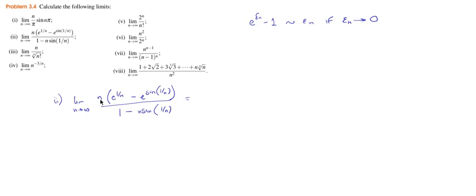So the first thing, I'm going to divide by n both the numerator and the denominator. Then we have e to the 1 over n minus e to the sine of 1 over n in the numerator, and 1 over n minus sine of 1 over n in the denominator.